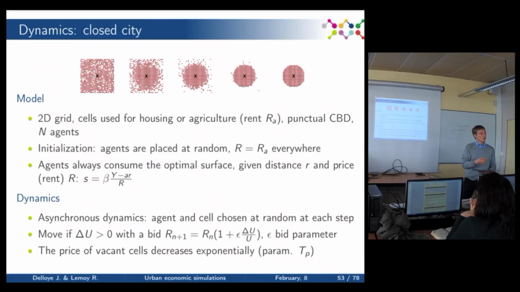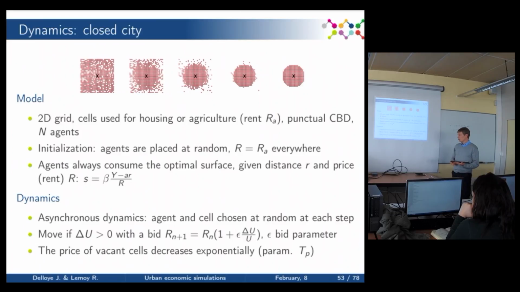Knowing the price of the cell and the distance to the center, you know your optimal surface, and each agent will, at any moment in time, choose this surface according to this formula. Then you just need to say how agents move and how prices evolve. These are really the dynamics of the model.